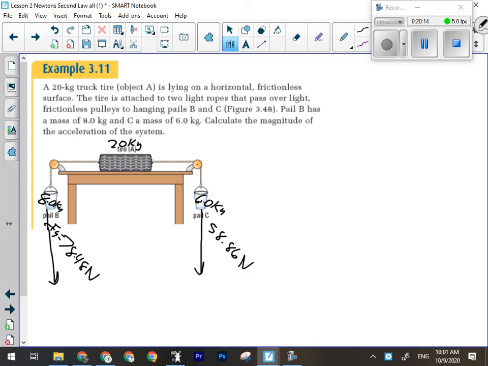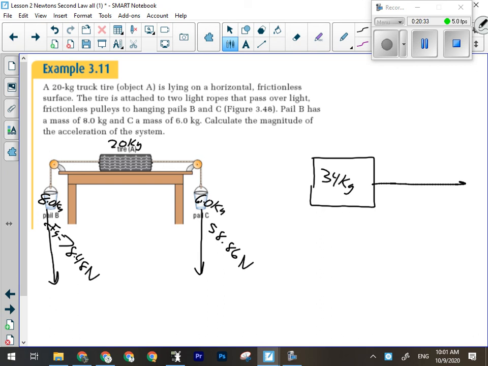So those are the only forces in my system. Now I want to simplify this diagram by essentially taking the pulleys out of it. I just want to look at how much mass there is in the system. That's going to be 34 kilograms.